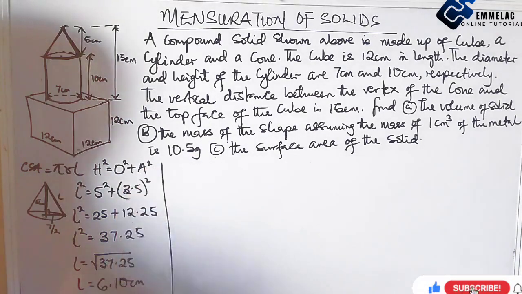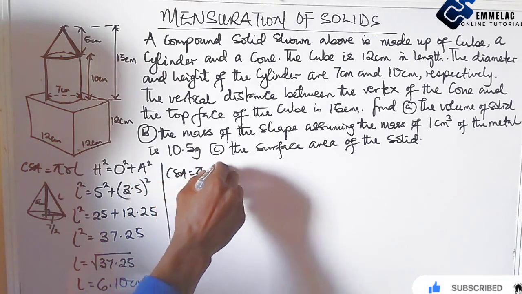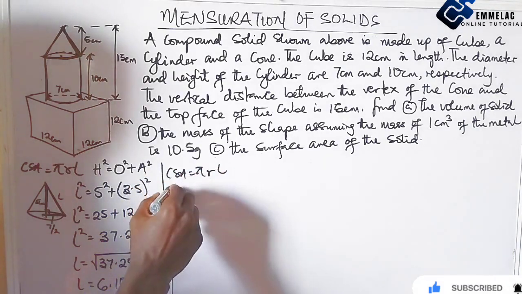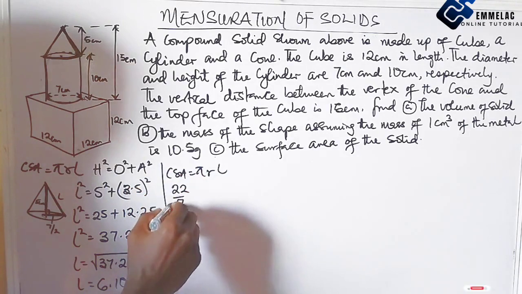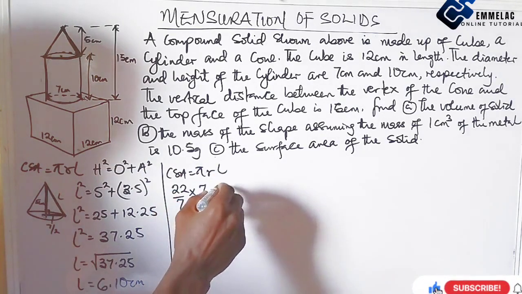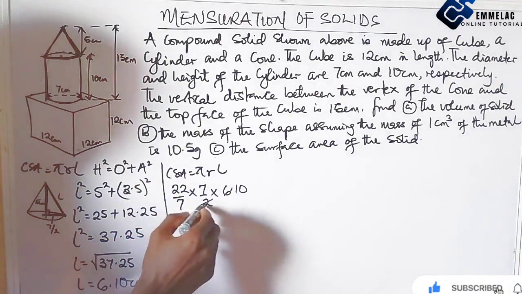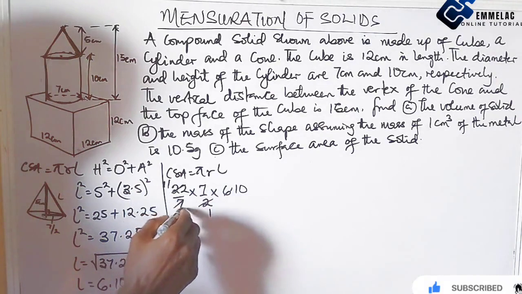So the curved surface area here, you have pi r l, that will be 22 over 7 times the radius, 7 over 2, times 6.10. So 2 here 1, 2 here 1, 7 here 1, 7 here 1.